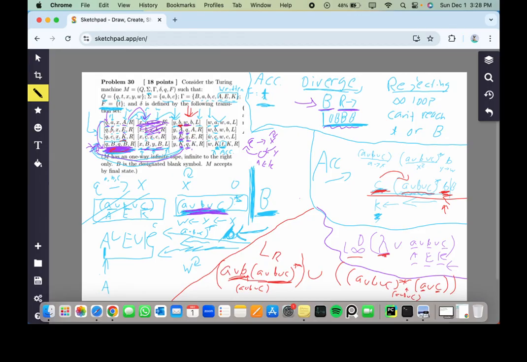okay, we wanted to take a look at how to reverse the accepting string and take into account the diverging string. Rejecting is essentially, you can actually think of it as L accepts unioned with L diverge and take the complement of that.